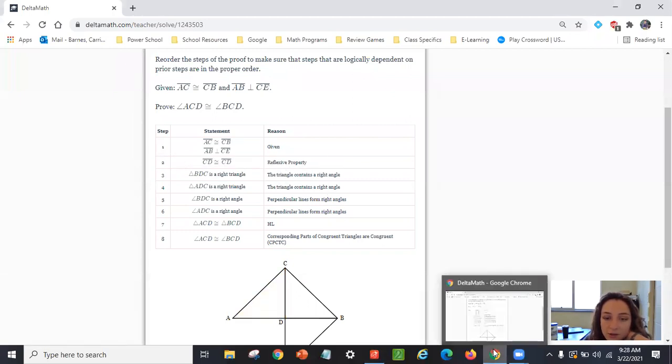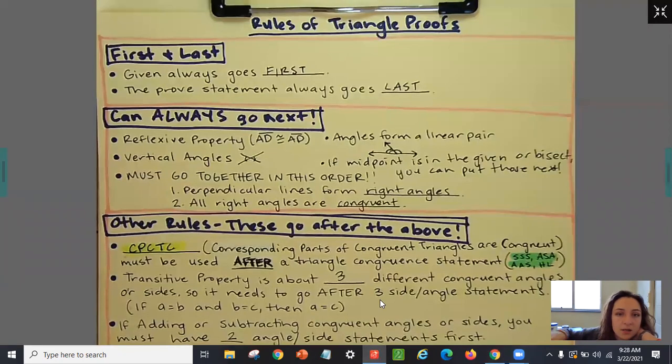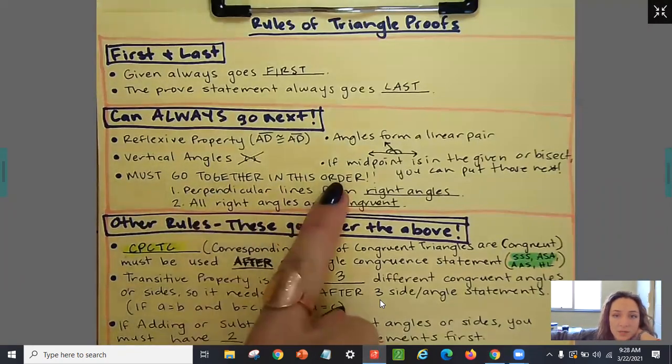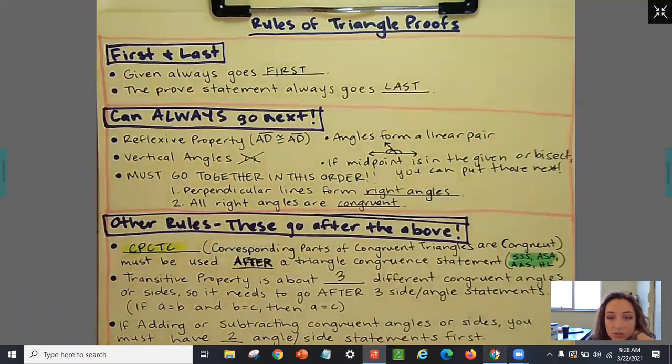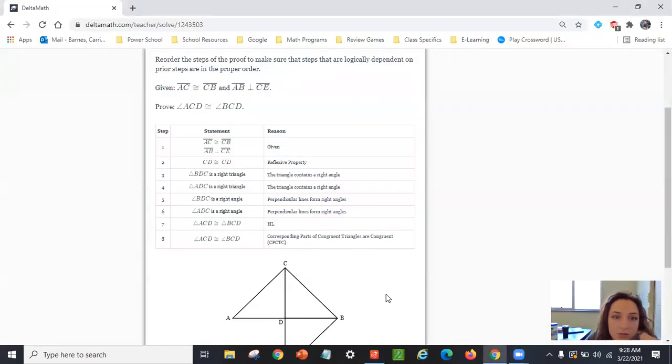Okay, then we can also put anything about vertical angles, perpendicular, linear pair, or midpoint. So let's go look. Okay, so we do have some right angle things. So perpendicular lines form right angles. We can put that next. And the reason that we don't have to put the other one is because we actually have perpendicular in the proof statement.